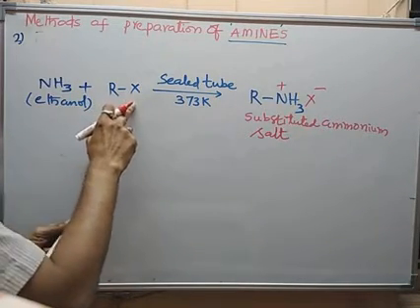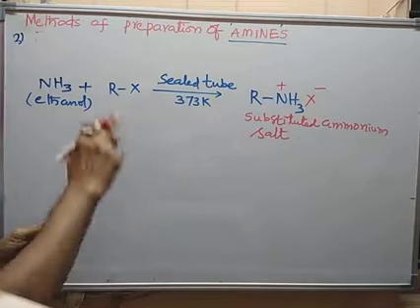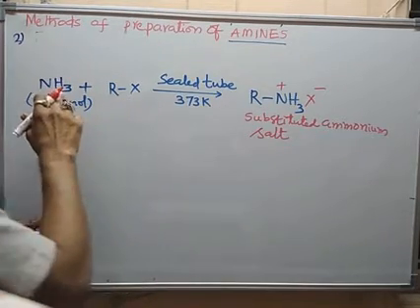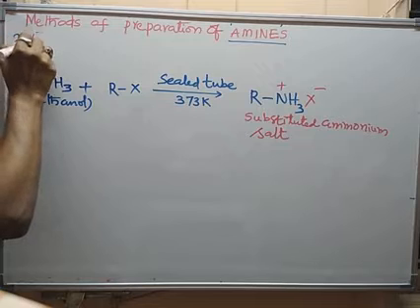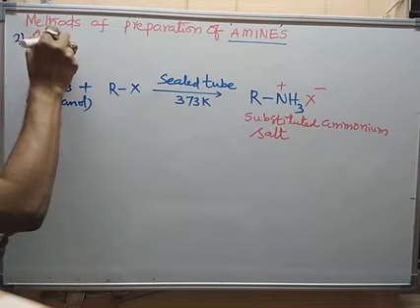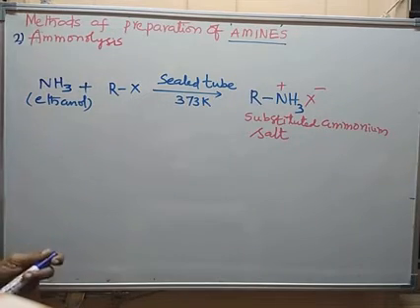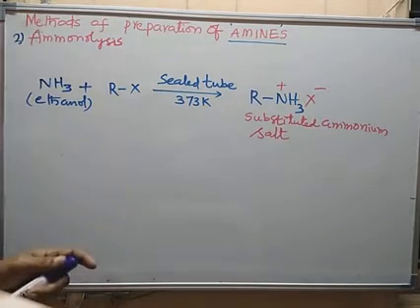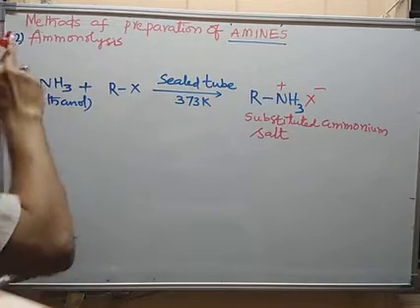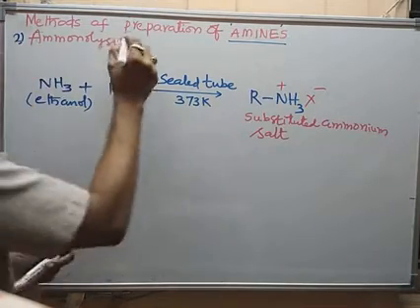Ammonia reacts with alkyl halide. So here what has happened? The carbon halogen bond is cleaved by ammonia. The reaction is known as ammonolysis. I am interested in explaining first and then going to the title, that's why the title is not immediately given. Don't think otherwise. What is ammonolysis?